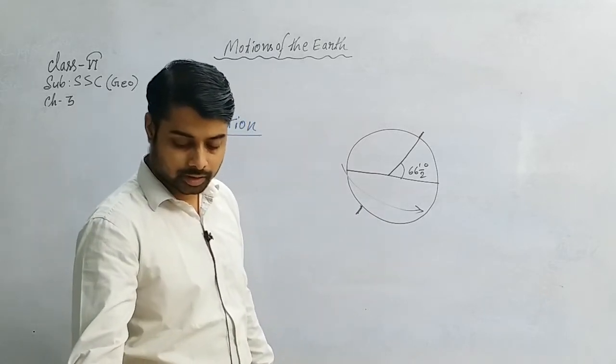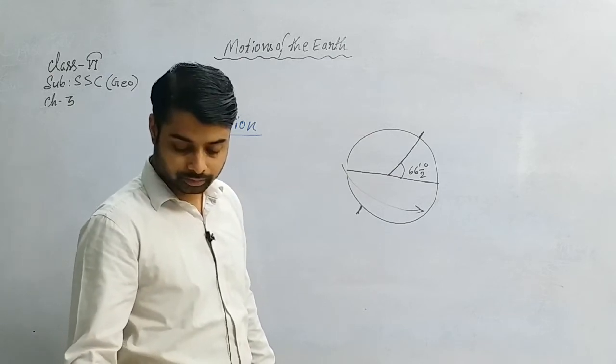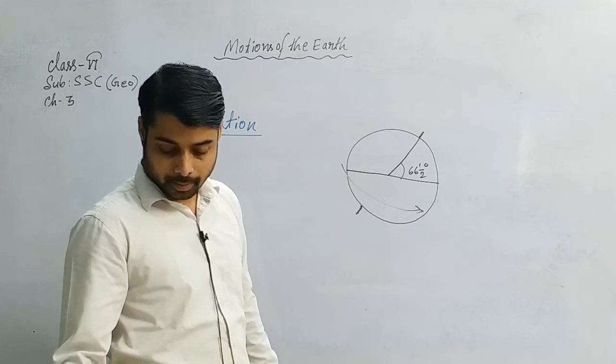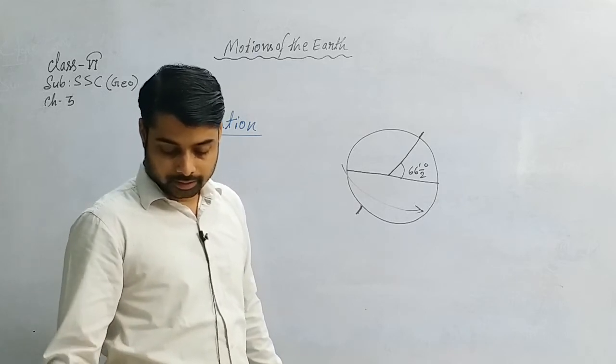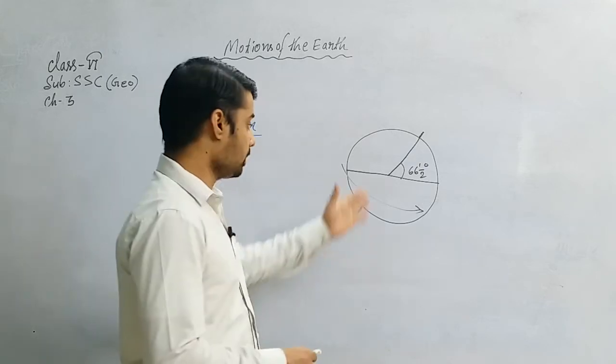It is present in your book in figure number 3.1. The plane formed by the orbit is known as the orbital plane.